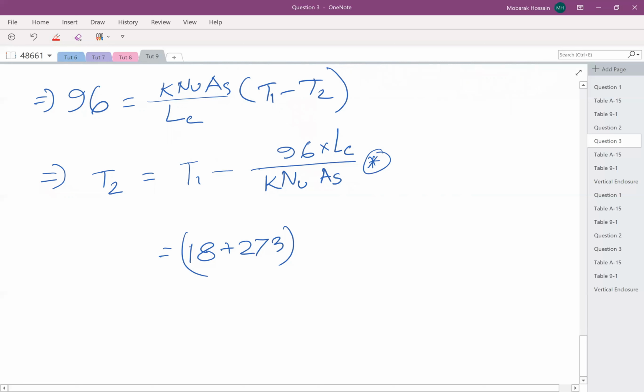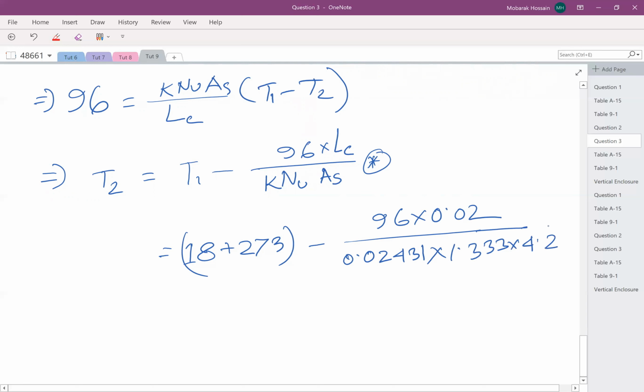So convert T1 to Kelvin, then minus 96, characteristic length is 0.02, thermal conductivity is 0.02431 times Nusselt number 1.333, and area we already calculated, 4.2.